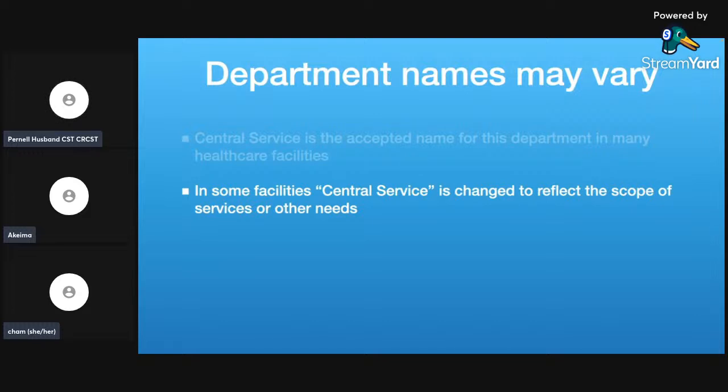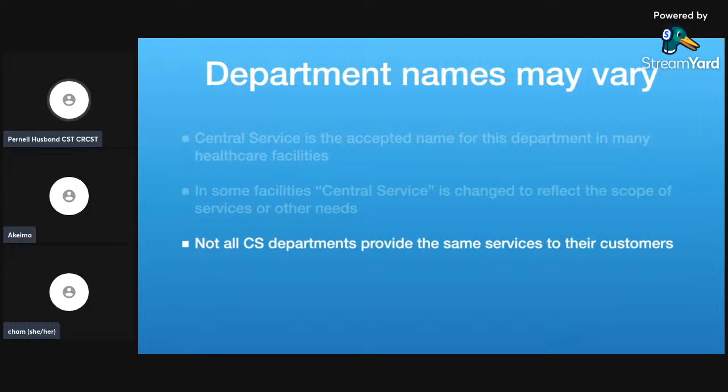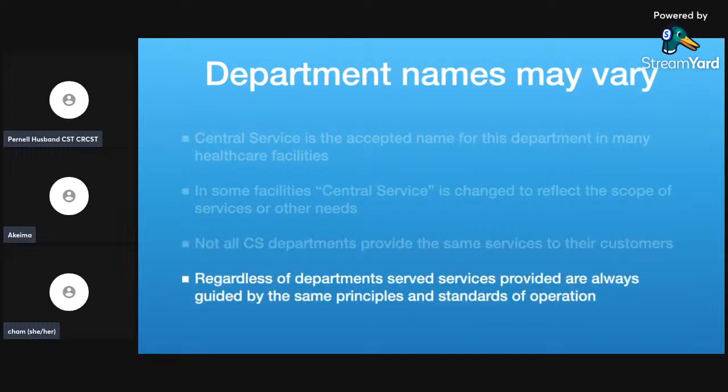This is true. In some facilities, the name is changed to reflect the scope of services or other needs. Not all hospitals are the same, not all healthcare facilities are the same. Not all central service departments provide the same services to their customers.